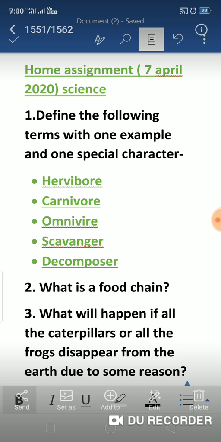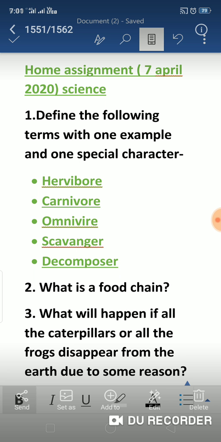For example, a plant is eaten by a caterpillar, the caterpillar is eaten by a frog, the frog is eaten by a snake, and the snake is eaten by an eagle. So this is a chain, and animals get energy and nutrients by eating other animals or plants. So this is all about the food chain.